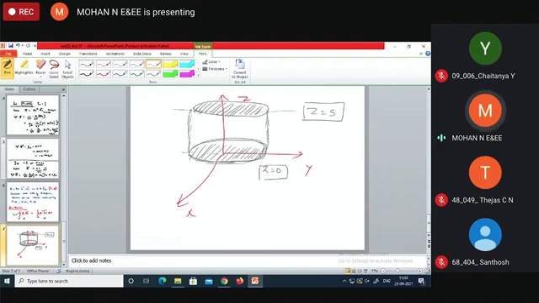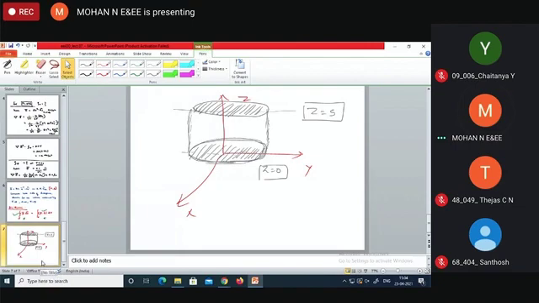Okay, so let us evaluate the first part. Are you able to visualize this cylinder whose bottom is on the z is equal to 0 plane and whose top surface is on the z is equal to 5 plane, and the radius is 2 units? If it is clear, you can type 0 on the chat box quickly.